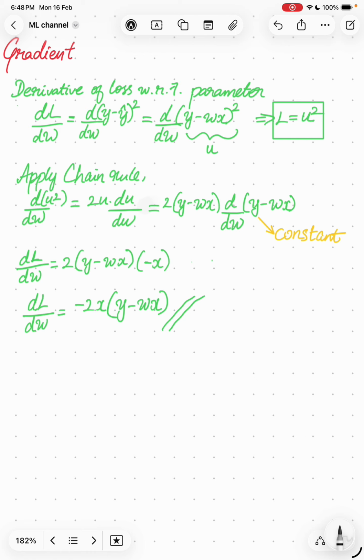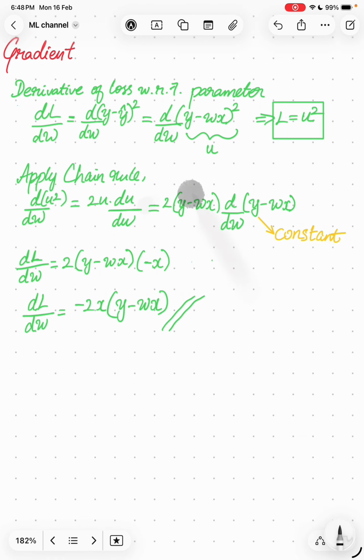So now, guys, you take u and substitute it with y minus wx as per the previous step, and you also substitute u in the derivative of u with respect to w. This u is also substituted with y minus wx, and y is a constant.